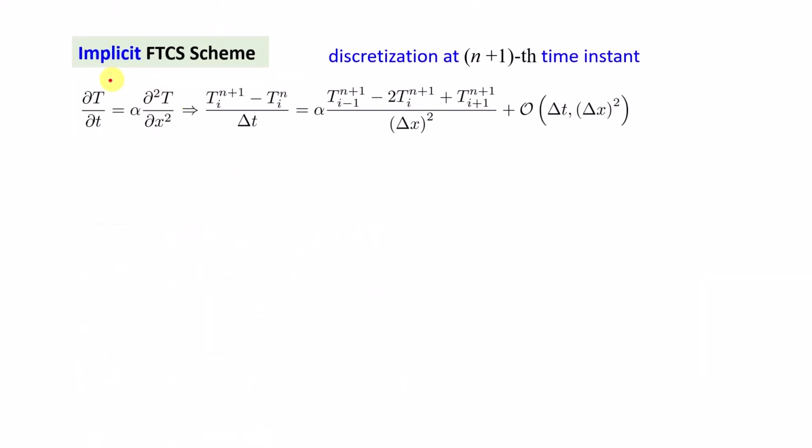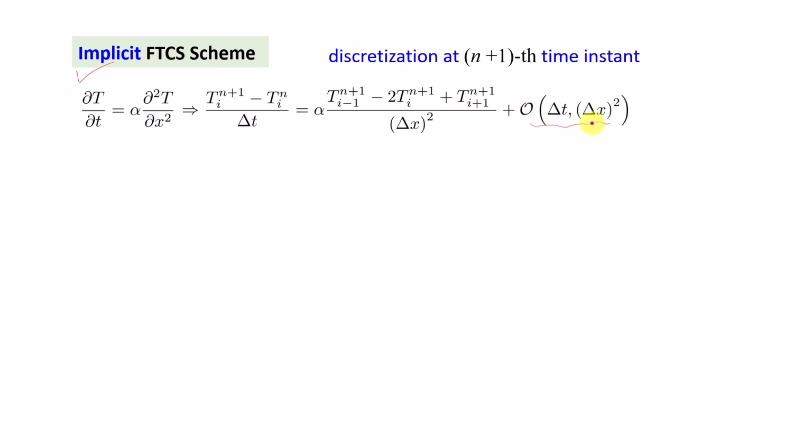Now, what we will do in the implicit scheme is something very different. In the implicit scheme, we will take this right-hand side T and say, well, why do you take them at the nth time level? Let us take them at the n plus 1th time level. The truncation error here actually doesn't change.